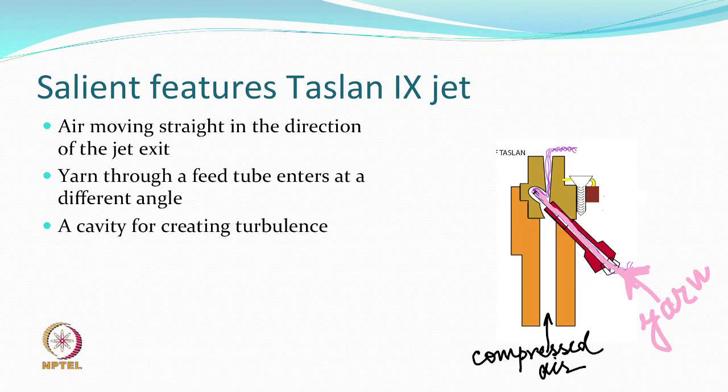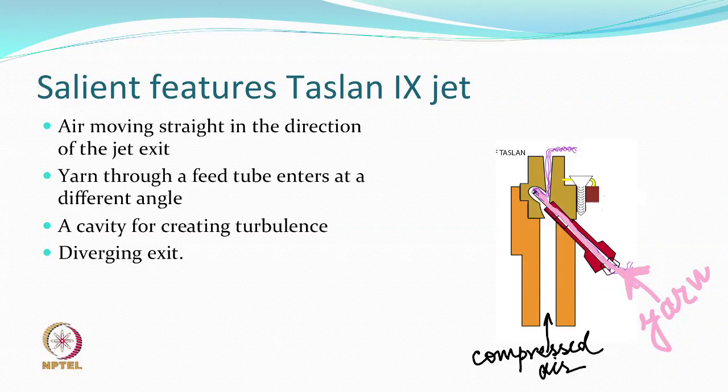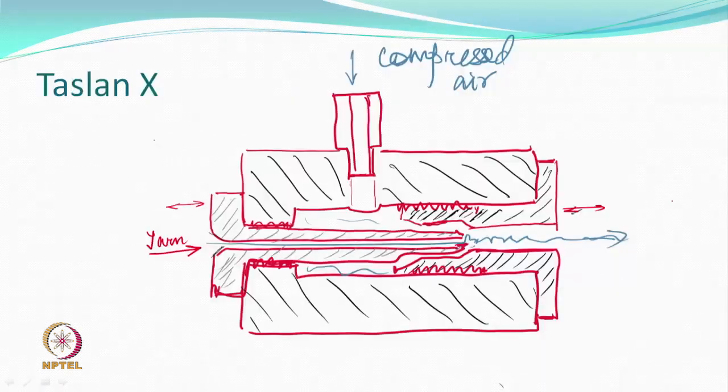So, the air has to take a curved path, increase turbulence and go. Of course, there is going to be convergence, and finally there is a divergence also, a diverging exit and convergence initially, so that the pressure increases in some way, and velocity particularly becomes high. So, you cross the Reynolds number.